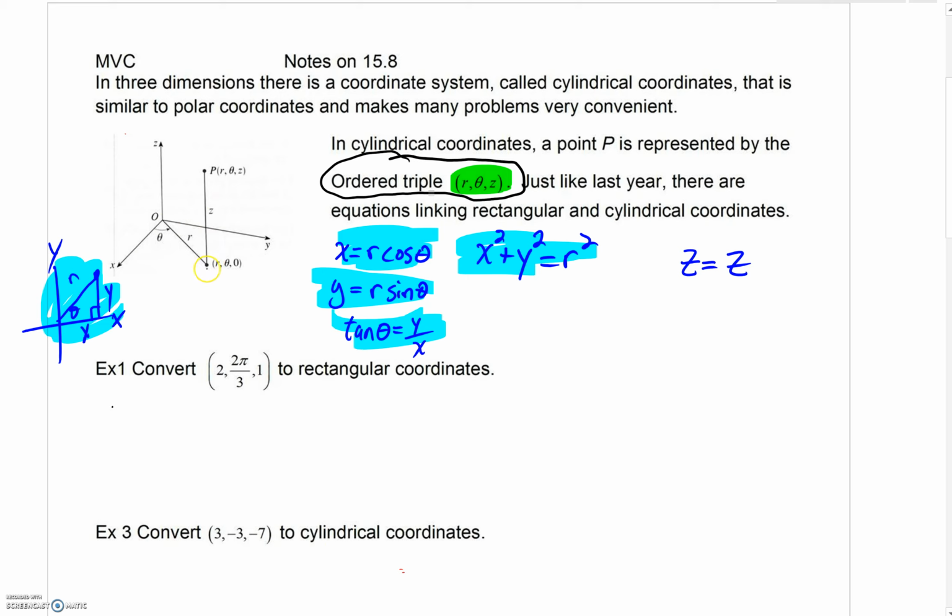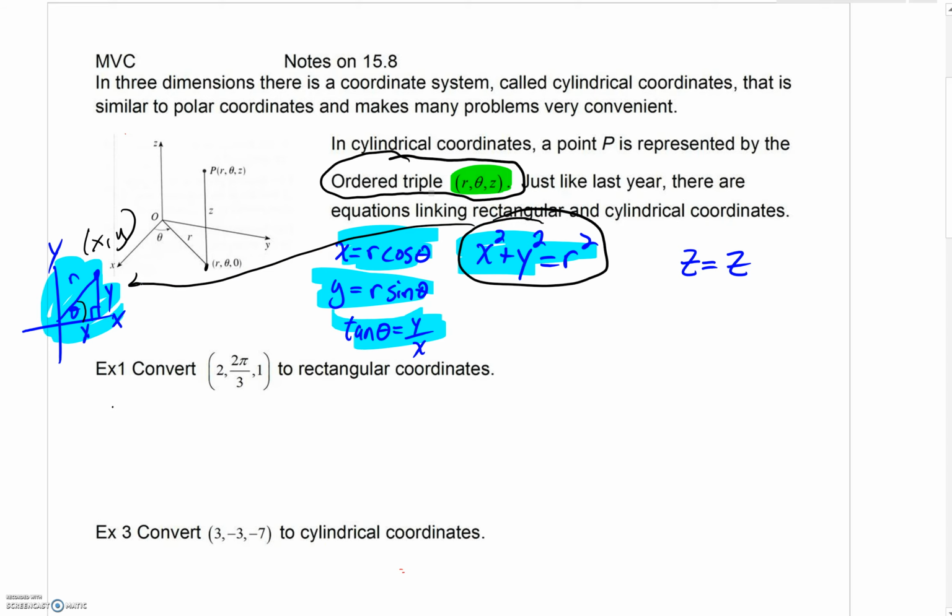We know that if we were to have any point x, y, that we could go right x and go up y, and there'd be a distance r and an angle that's made theta with the x-axis. We know x squared plus y squared equals r squared. That's coming from the Pythagorean theorem.